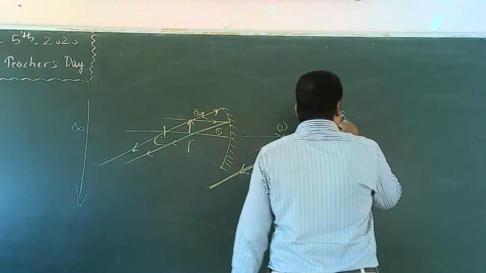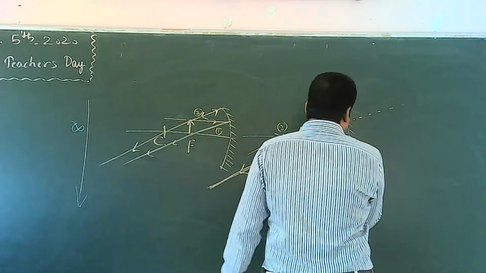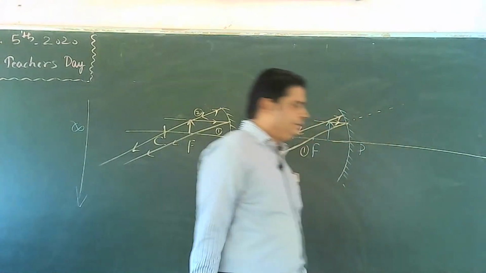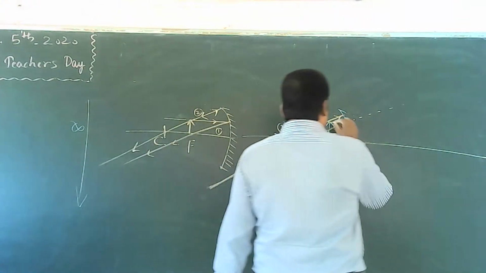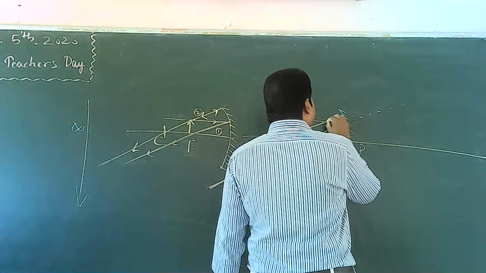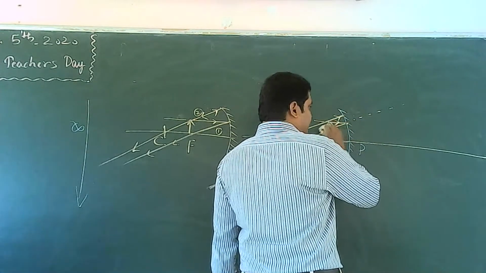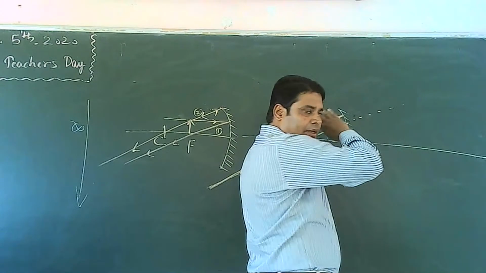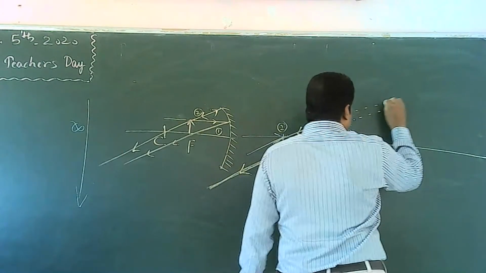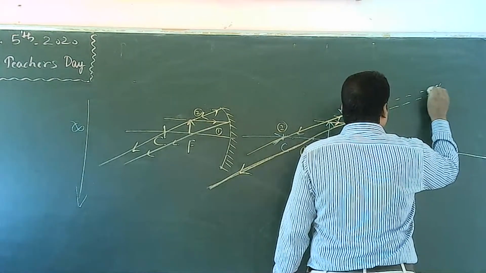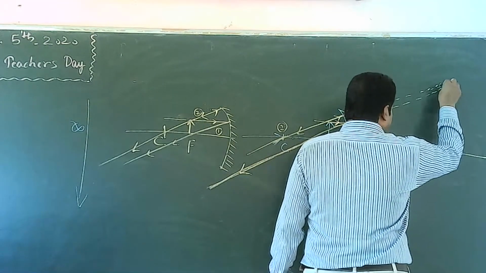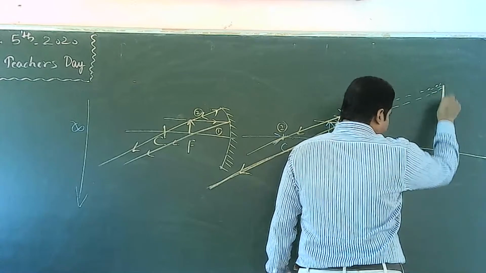If you retrace this reflected ray and extend it behind the mirror, what do we have? See, retrace that, draw it back, somewhere here.